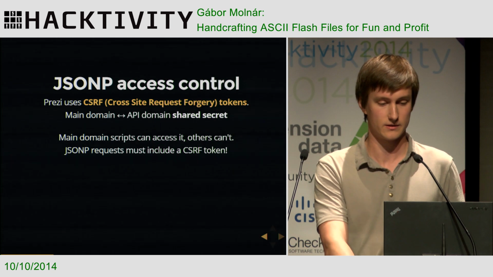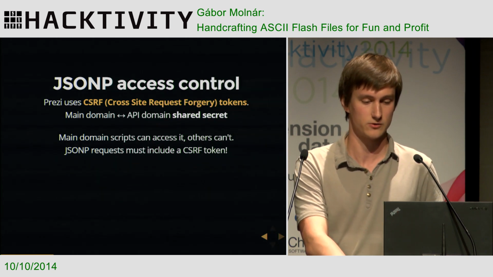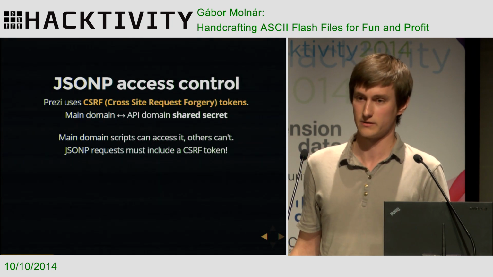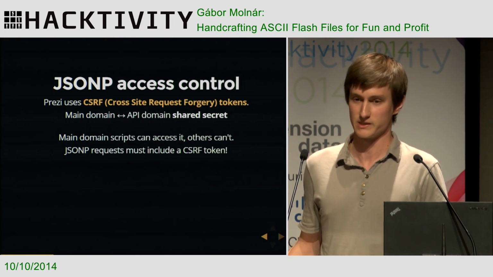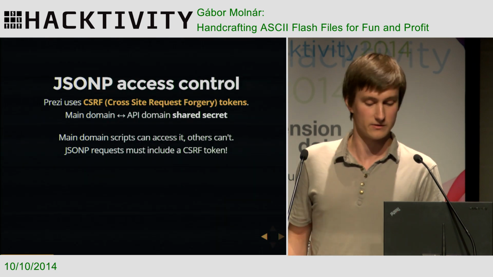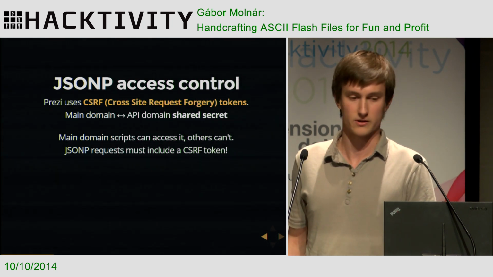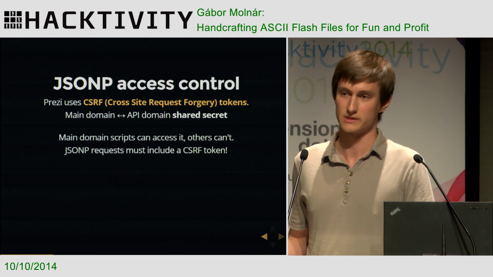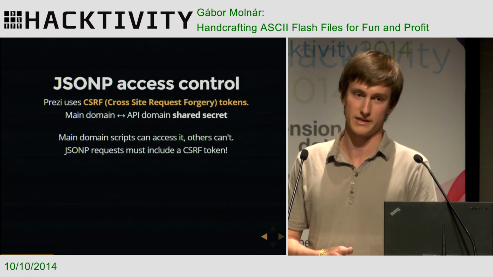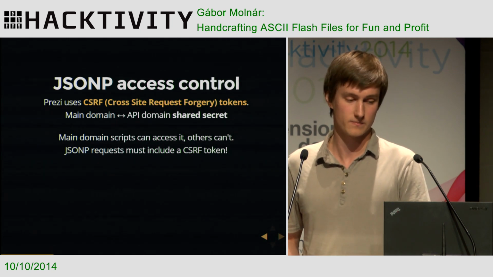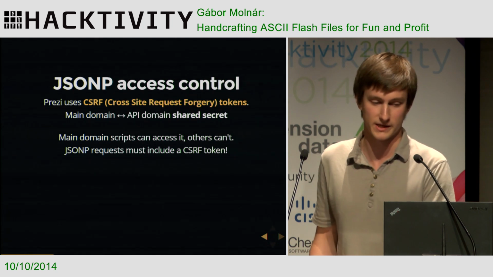And another aspect of JSONP APIs: Prezi wants to make sure that search.prezi.com cannot be accessed by just any old web app, because otherwise sensitive information could be leaked. So they use CSRF tokens.